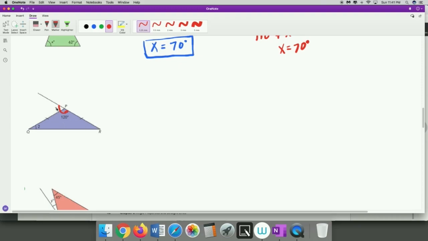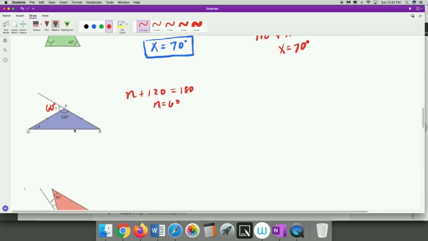I like to use letters here instead, so let's call angle 1 n degrees. So n plus 120 equals 180. I subtract that 120 from both sides and wind up with n equal to 60. So this angle right here equals 60 degrees.